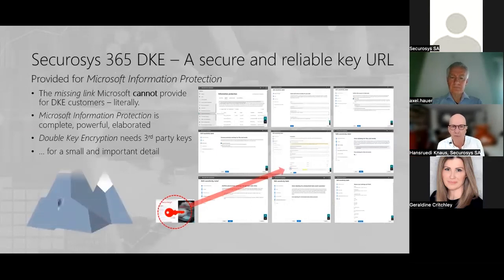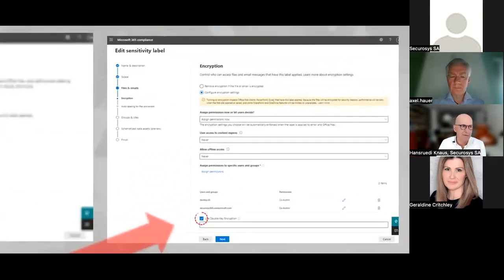And what is an administrator doing? So what do we need to implement Securosys 365 double key encryption? Actually, it's a URL. If you did the job within the console of Securosys 365, which is shown on the lower left side in red, then you have one out of nine forms in the Microsoft compliance console where you add that you will use double key encryption, and you add that URL.